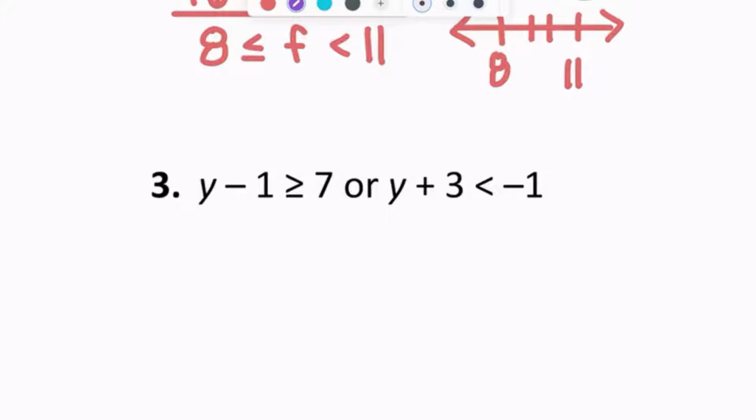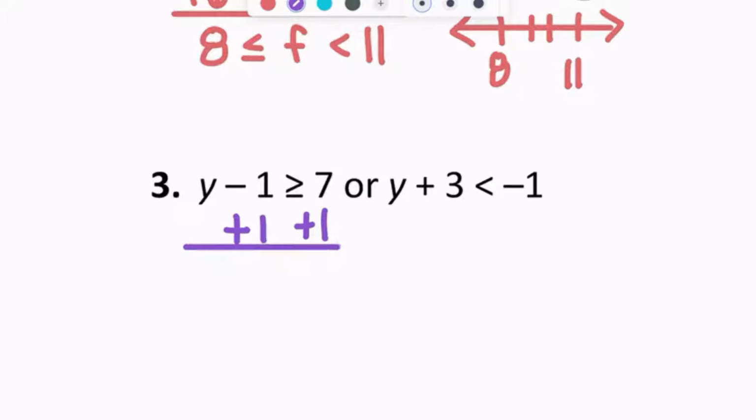So when I go to solve this one, I have 2 different statements here. And so I have first y minus 1 is greater than or equal to 7. And so I'm going to add 1 to both sides.